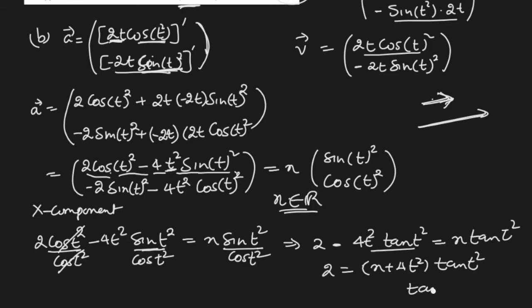So tan t square will be equal to 2 divided by n plus 4t square. And now we can give n a certain number, and see what value of t I get. Suppose I tried it, and t came out to be 0.911.